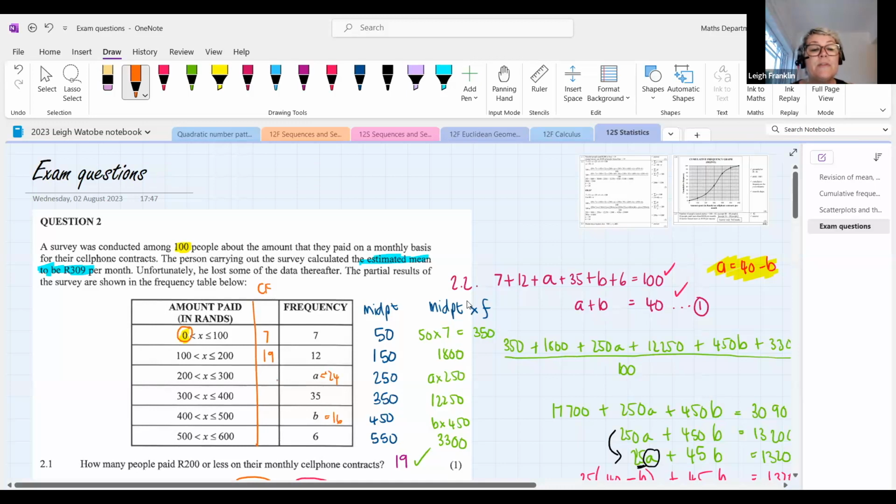So to work out the number that's going to go in this block over here, I've got to add 24 to 19. That would give me 43. Then to get the next value, I'm going to add 35 to 43. That gives me 78. Then I'm going to add 16. That gives me 94. And then I'm going to add 6 and I'm going to get 100. Okay, now I'm expecting that. Do you remember this? Okay, we did this Thursday last week.